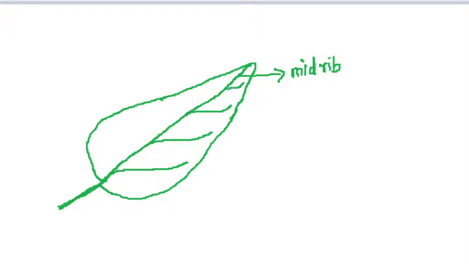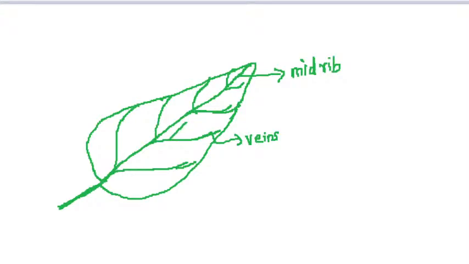The branches from the midrib are called veins.